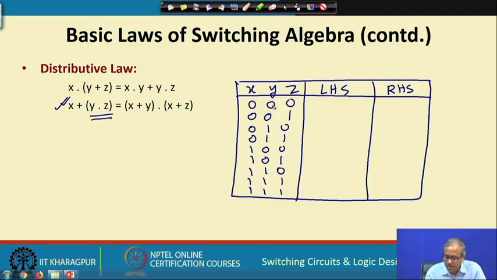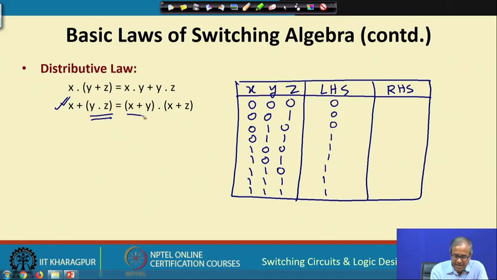Let us do it. y and z, 0 and 0 is 0, OR with 0, which is 0. 0 and 1 is 0, OR with 0, again 0. 1 and 0 is 0, OR with 0, this is also 0. 1 and 1 is 1, OR with 0, 1. 0 and 0 is 0, OR 1, 1. 0 and 1 is 0, OR with 1, anything OR with 1 is 1, and this will also be 1 and 1. This is the left hand side.